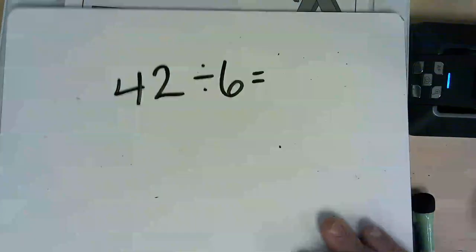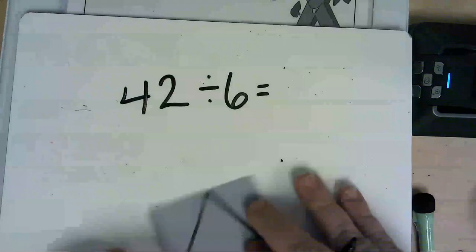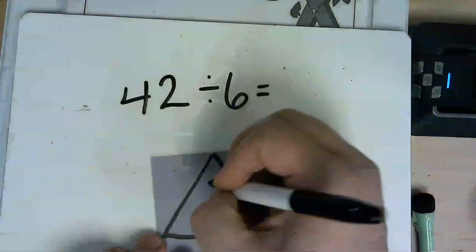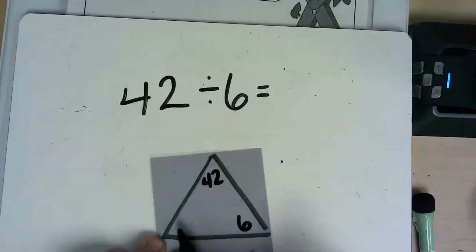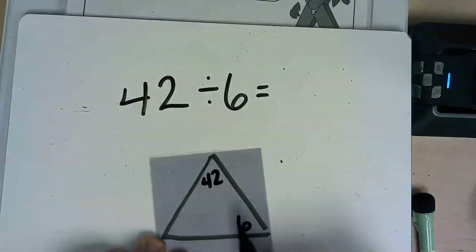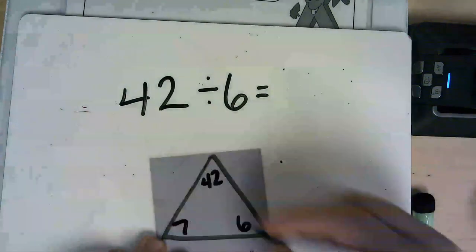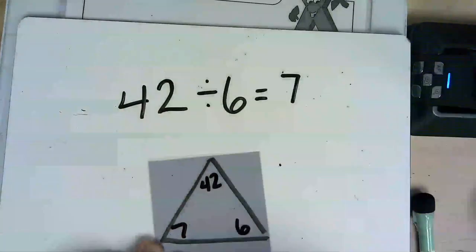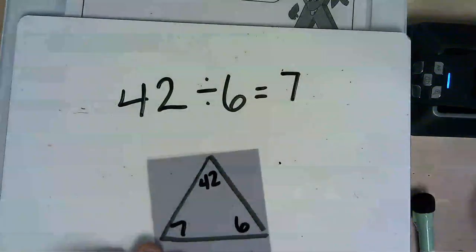On my fact triangle, I can start to fill this in. I've got 42 up here, and then I've got my 6 over here. So I would ask, what times 6 is equal to 42? Well, 7 times 6 is 42, right? So my 7 can go over there. This is how we've been working on multiplication and division and how they relate to each other.